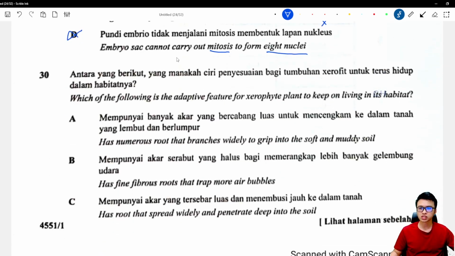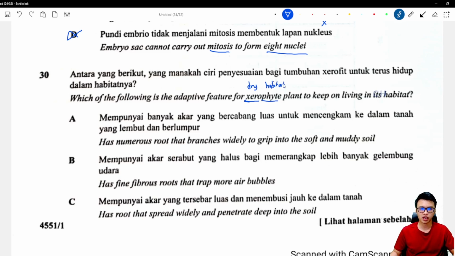Okay, so question 30. Which of the following is the adaptive feature for xerophyte plants to keep on living in its habitat? Xero means dry. Habitat, as I mentioned just now. The plants live in a dry habitat.